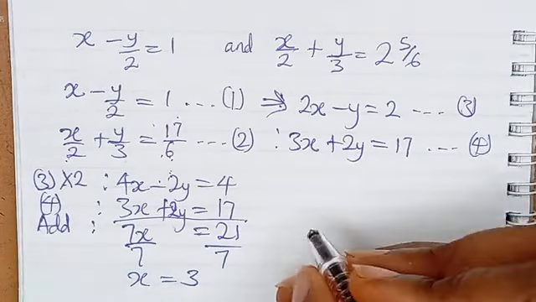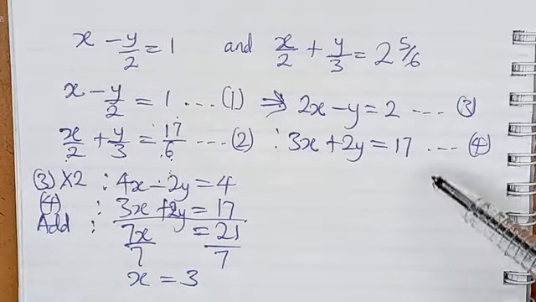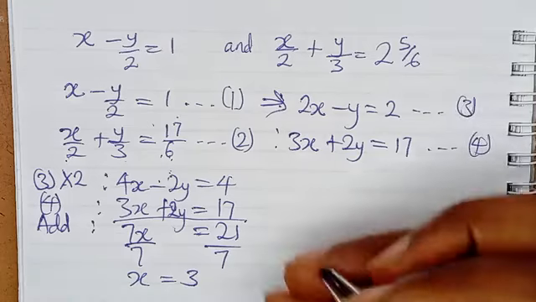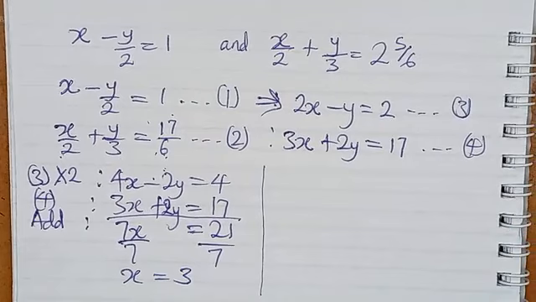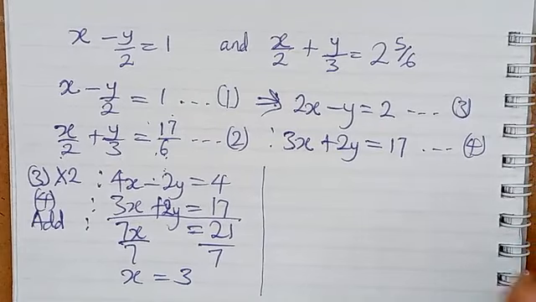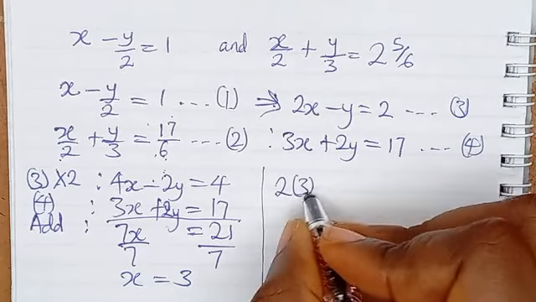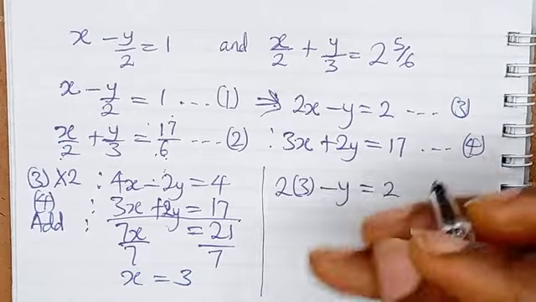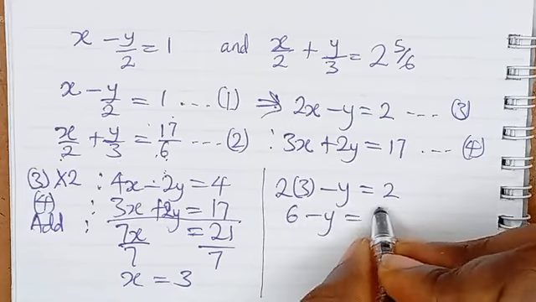Now let's solve for y. In solving for y, we can decide to substitute the value of x into equation 3. When we do that, instead of having x, we have 2 times 3 minus y is equal to 2. That is equation 3. And then we have 6 minus y is equal to 2.